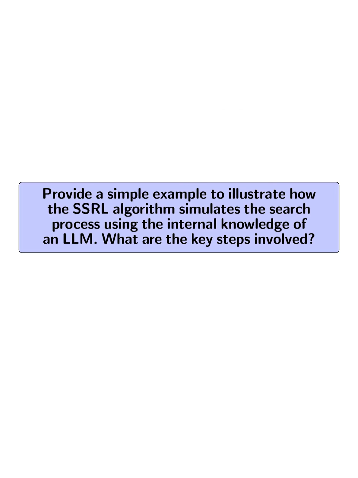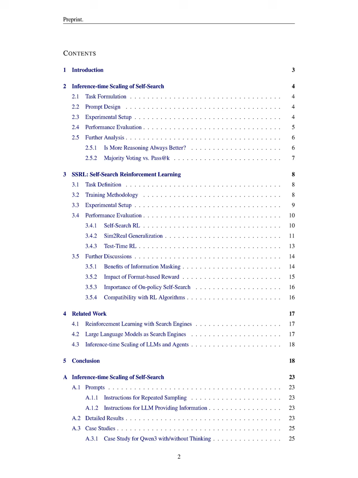Provide a simple example to illustrate how the SSRL algorithm simulates the search process using the internal knowledge of an LLM. What are the key steps involved? The SSRL algorithm simulates the search process by leveraging the internal knowledge of a large language model, LLM, through a structured reasoning framework.